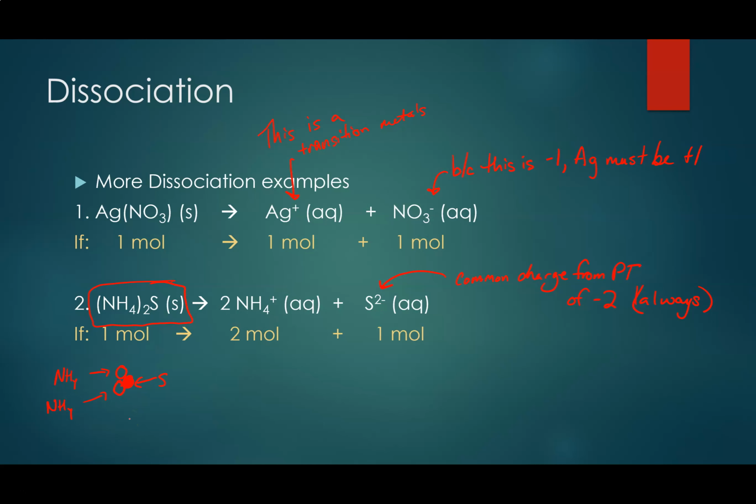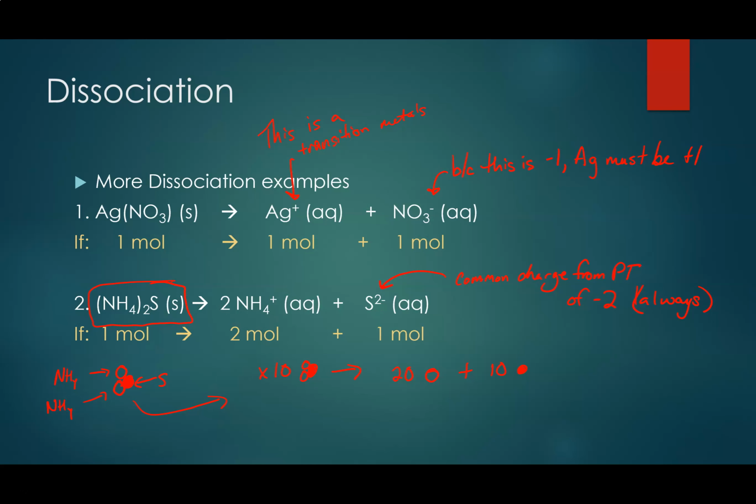Now, if we again use our particle model, that's what this is. If we say we have 10 of the particle models, then we're going to get 20 of the individual NH4 particles and 10 of the S particles.